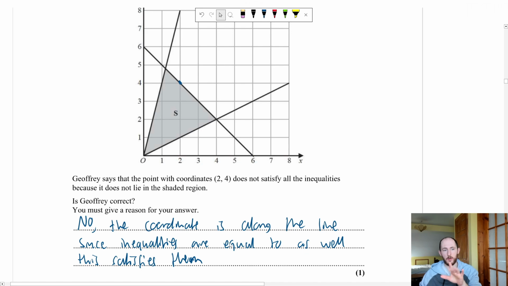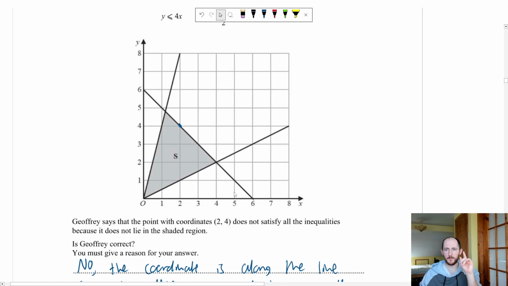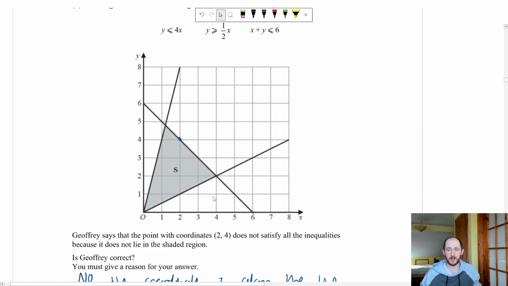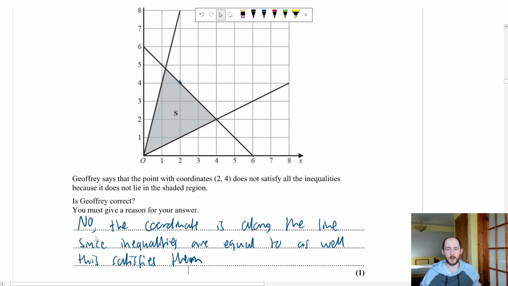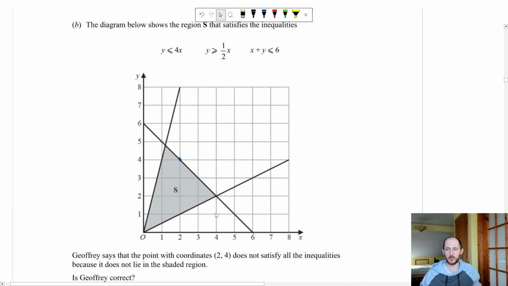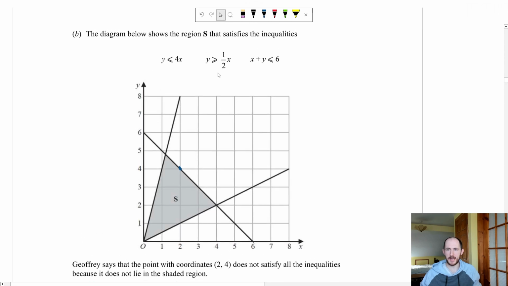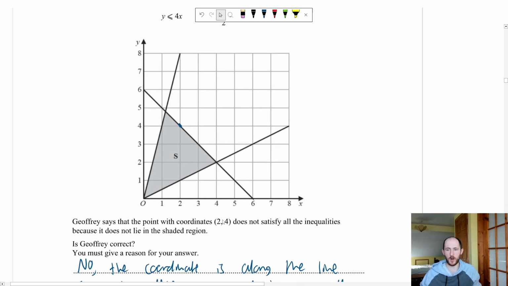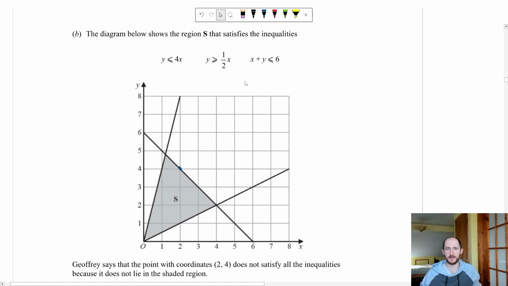So that's one thing. Now, I'm going to be open with you. I checked the mark scheme before I did this question because there is, and this happens in a lot of mark schemes as well, where the intended solution is a bit more involved. What they expect you to do, and by the way, this gives you the mark, so you might not always see this on a mark scheme, but this is completely correct, is to sub in x equals 2 and y equals 4 into all of these to see if it's correct.